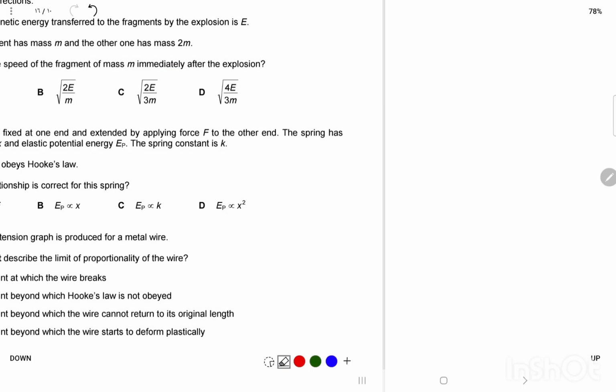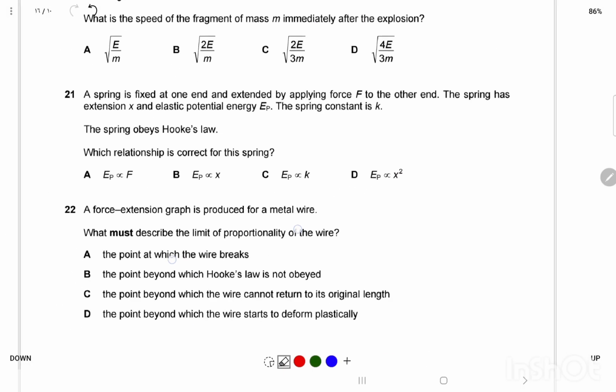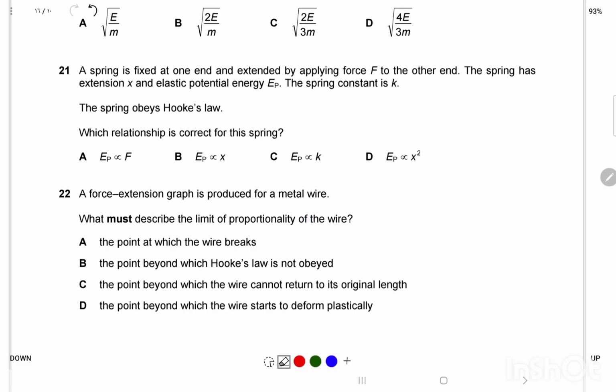Let's see now next question. A spring is fixed at one end and extended by applying force F to the other end. The spring has extension X and elastic potential energy EP. The spring constant is K. The spring obeys Hooke's law.